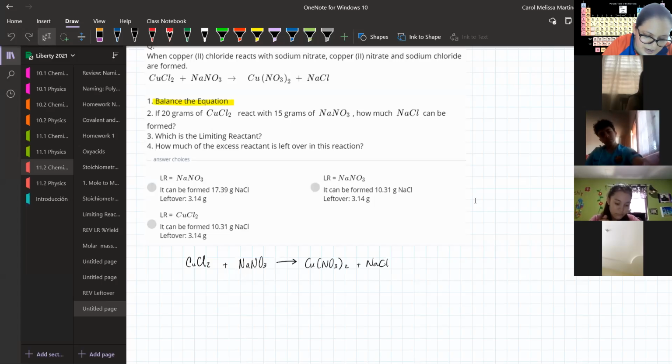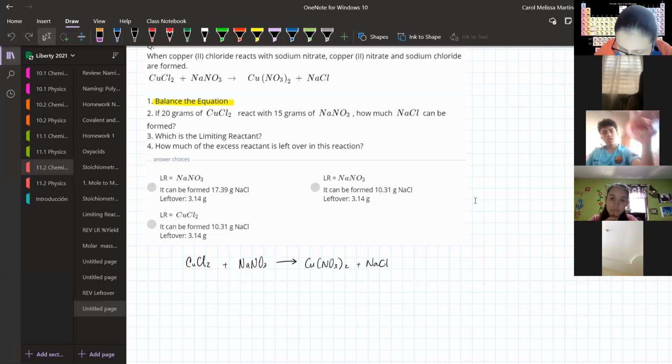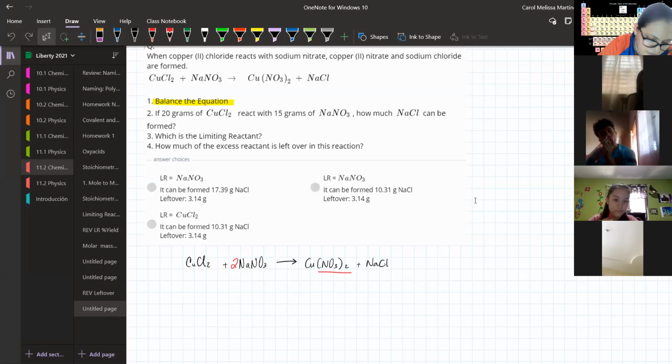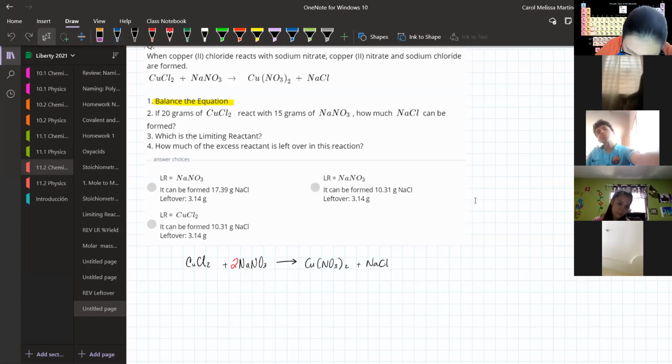It's not balanced, so I have to balance it. Take a look. Here I have two nitrates, so to balance I write 2 on the other side. Because now I have two sodiums, I need to balance this on the other side. Now my equation is balanced.